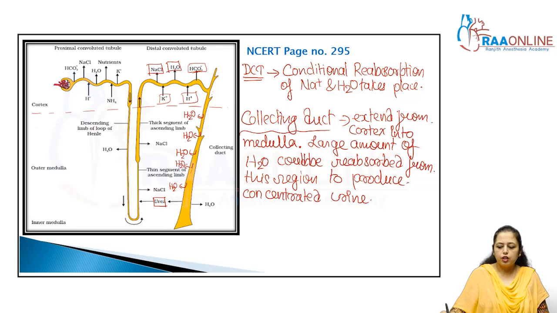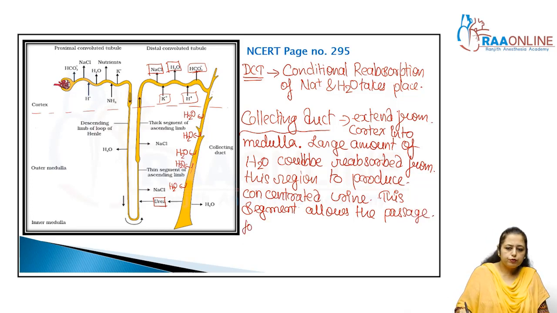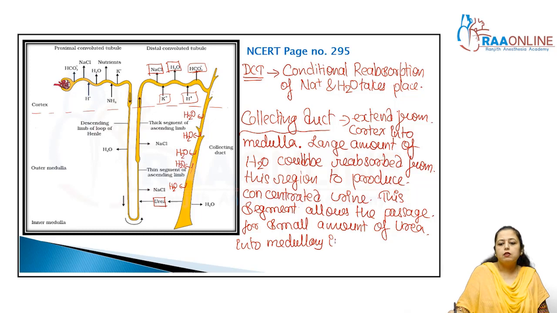To produce the concentrated urine, this segment allows the passage of a small amount of urea into the medullary interstitium.